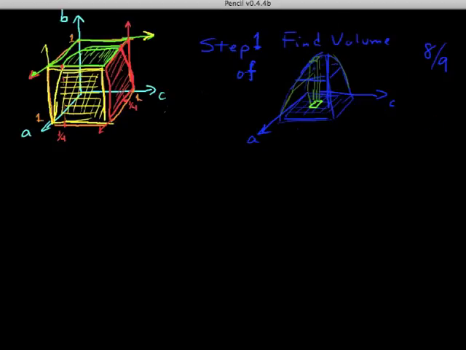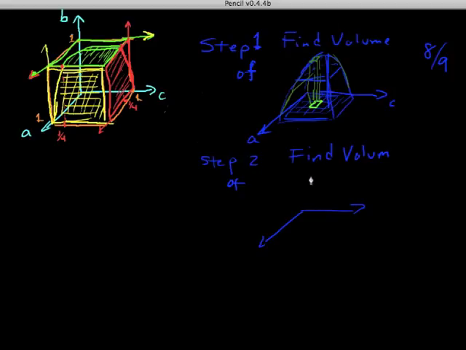So we've found the volume of the large area here, and we are now going to look at the volume of the cap. So step 2 is going to be: find the volume of this cap. I'm just going to try to redraw it here over the AC axis.